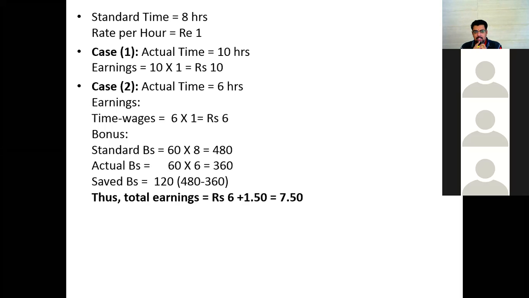Bonus: standard points are 60 into 8, the standard working hours, that is 480. Actual is 60 into 6, that is 360. So saved bonus is 120, that is 480 minus 360. The total earnings are rupees 6 plus 1.50, equal to 7.50.